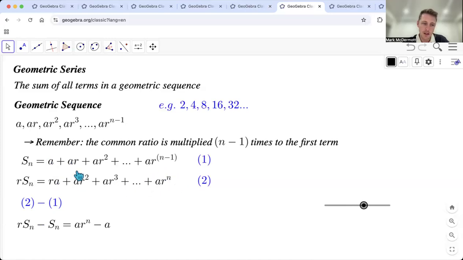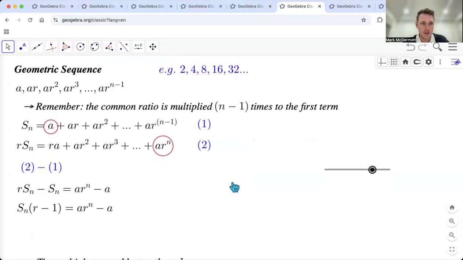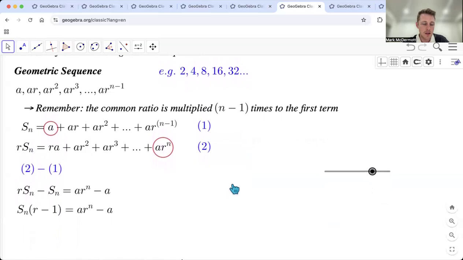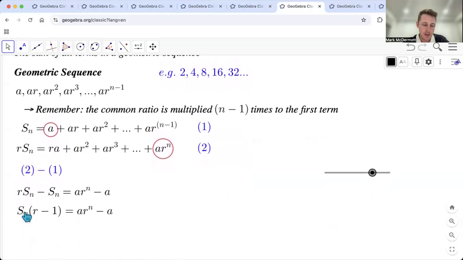So we're going to get ar to the n minus a. Again, this one here would cancel out with the term that's previous to ar to the power of n. So they're the two key terms. We get ar to the n minus a must equal the left-hand side that we already spoke about. Okay, take out s sub n as a factor, and you get this.